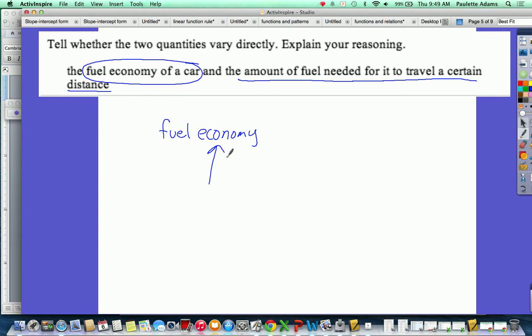Is the amount of gas you're going to need to get to a place going to go up or down? Down. Now you need less gas. Since these two are going in opposite directions, do they vary directly with each other? No. One's going opposite to the other. So it's not.